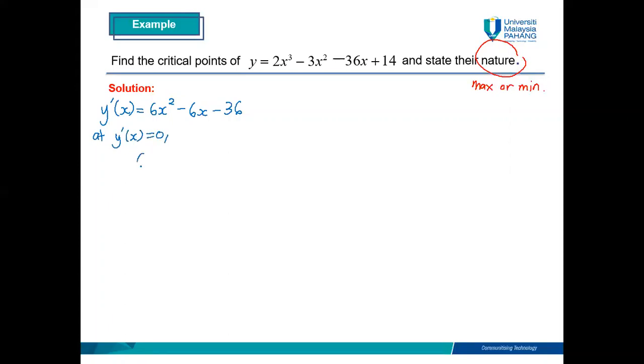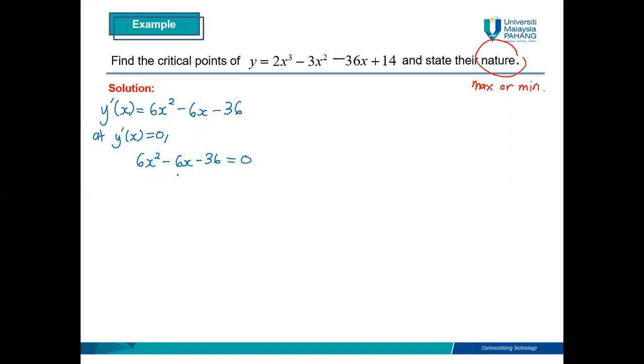Then we have 6x squared minus 6x minus 36 equal to 0. So what to do with this one? There is a 6, a 6, and a 6. You can what?